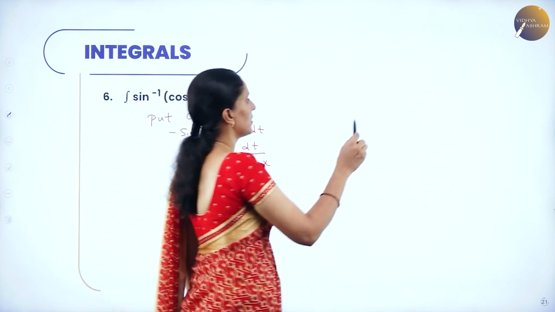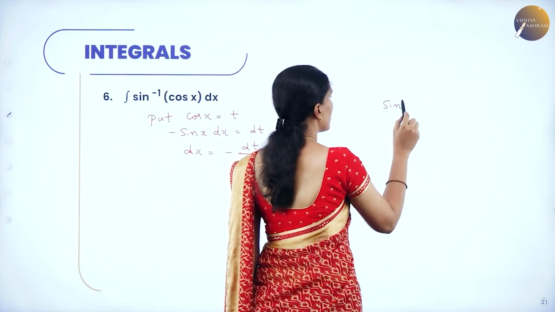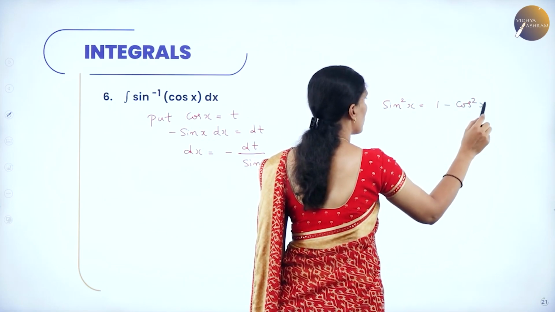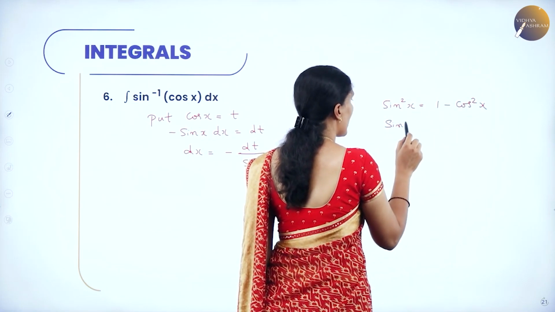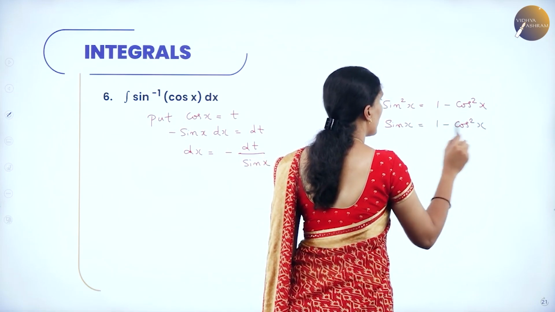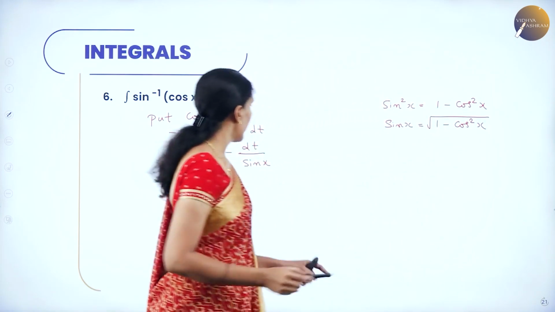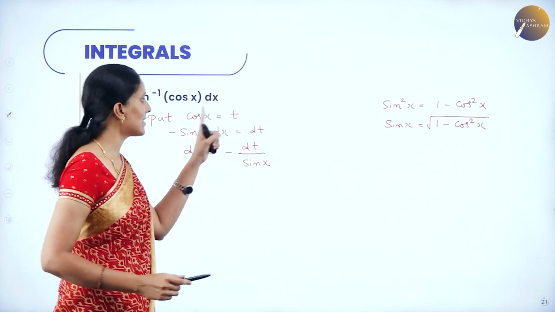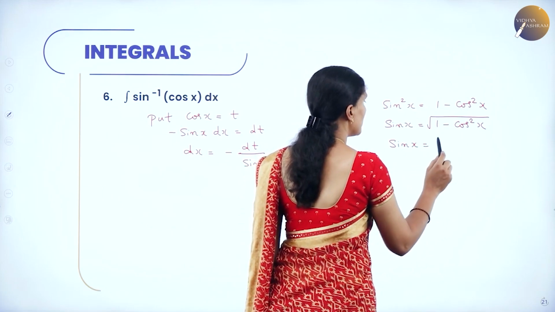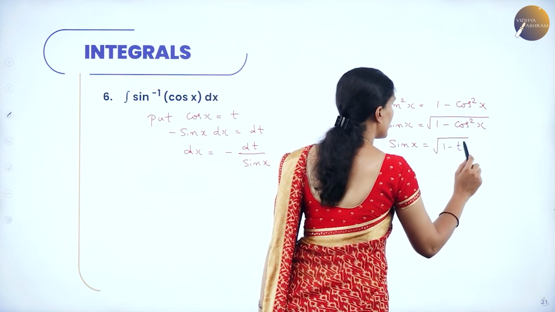Remember, sin square x can be written as 1 minus cos square x, or sin x can be written as 1 minus cos square x under the square root. Here I have taken cos x as t. So therefore here sin x can be taken as root of 1 minus t square.